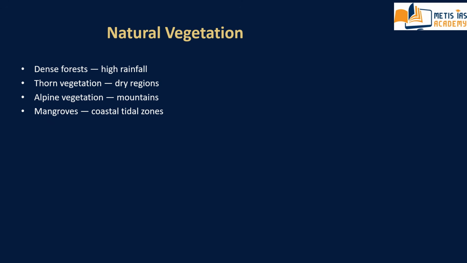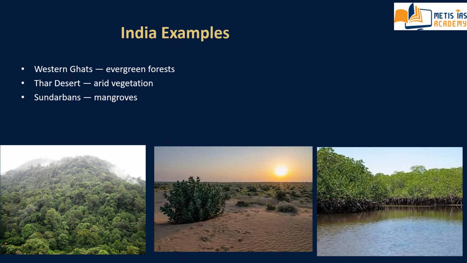In regions of high rainfall, dense forests occur. In dry regions, vegetation is thorny. So these are the types of vegetation which occur naturally in India.